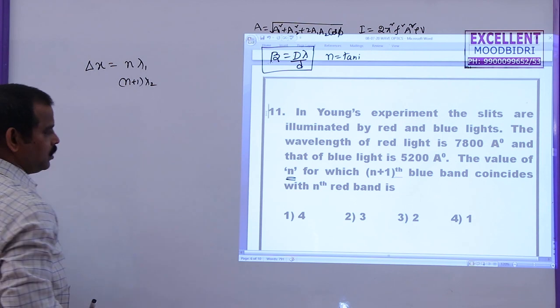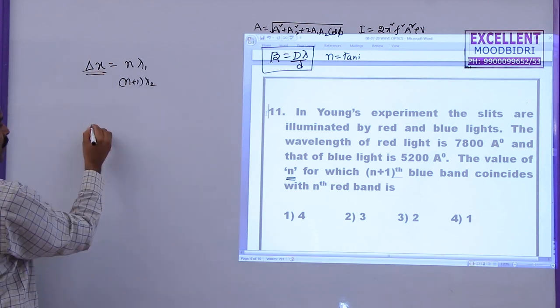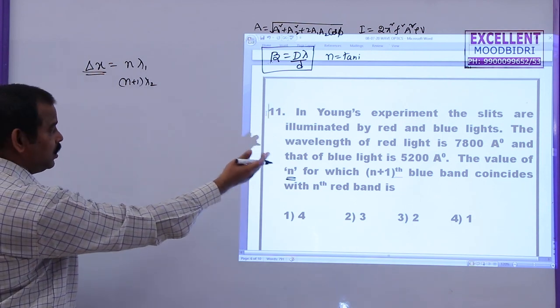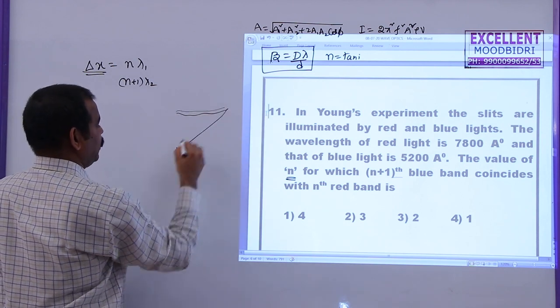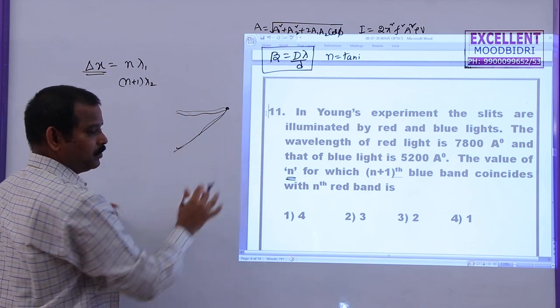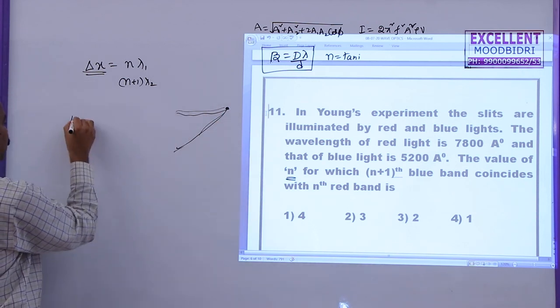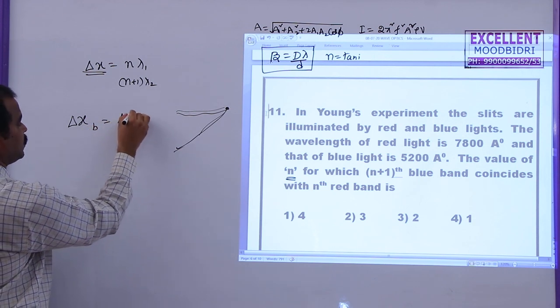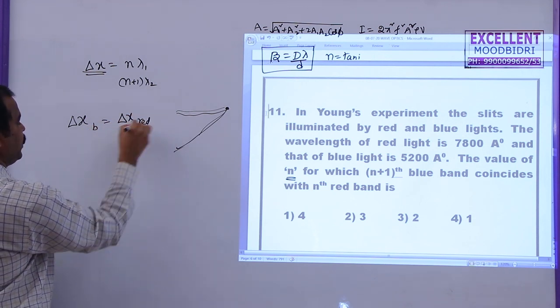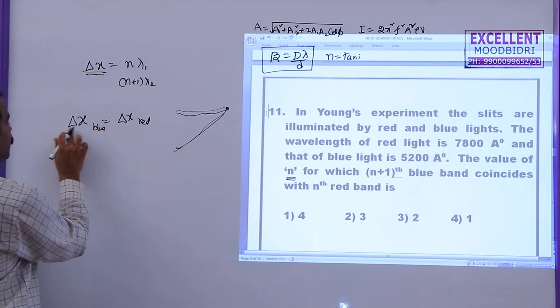If both are coinciding at the same point, the path difference must be the same. So the path difference of blue is equal to the path difference of red.